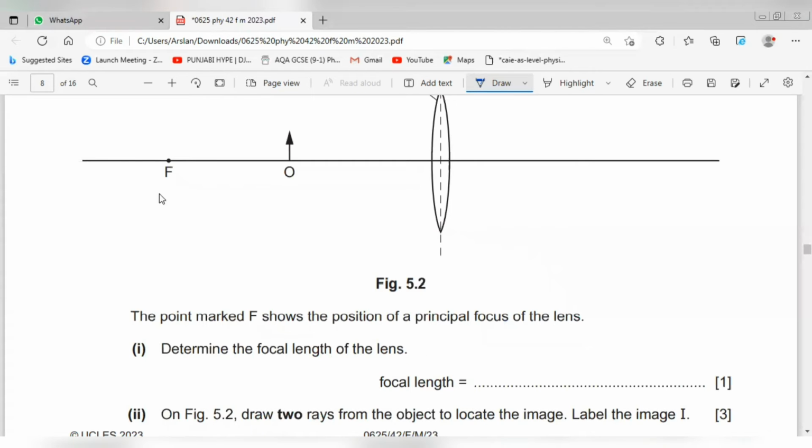You know that the focal length is defined as the distance between the focus point and the optical center. So this length is called focal length. You will calculate this value from scale, and write the answer in centimeters.